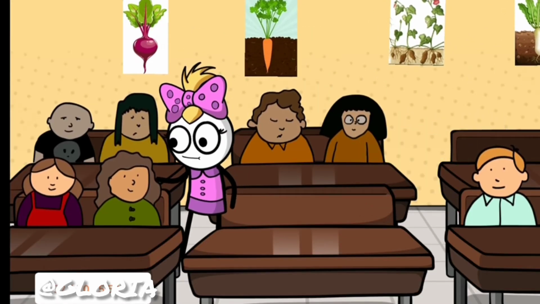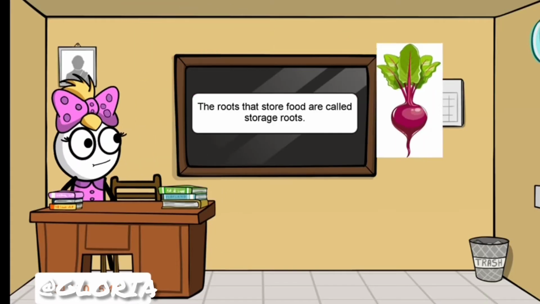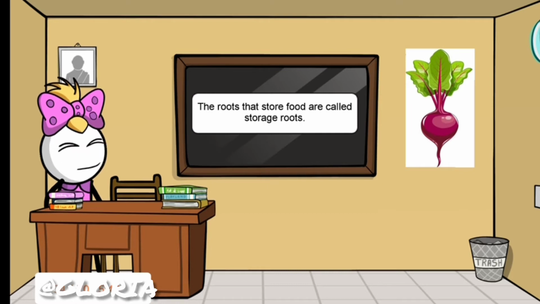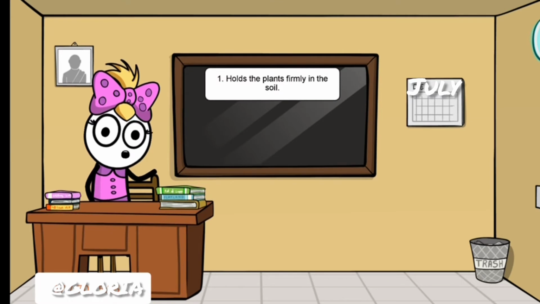Children, look at the board and say what are called storage roots. The roots that store food are called storage roots. Now look at the board and read the three main functions of roots along with me.